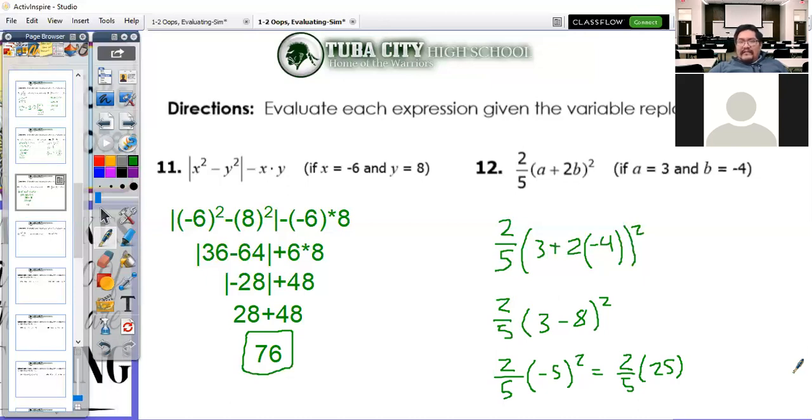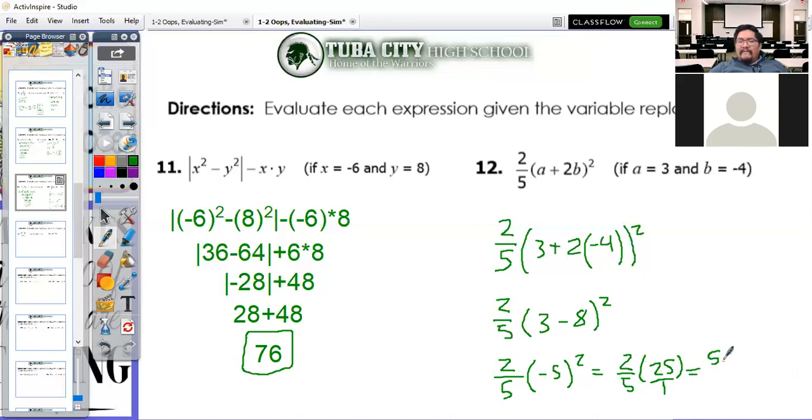Now, when multiplying this, I do have a little bit of a choice. I got to make a lesson one of these days on just how to work with fractions, because some people might remember fractions, but I think most people don't. But you can do something called cross cancel. But let's go ahead and just stick with what we know, and that is to multiply top number times top number.